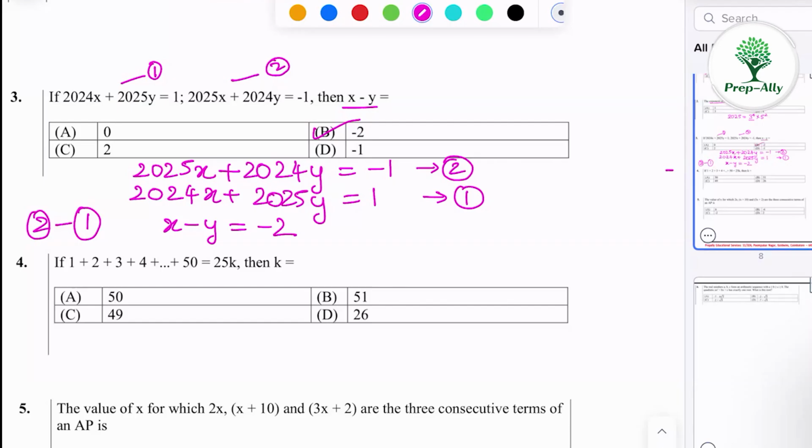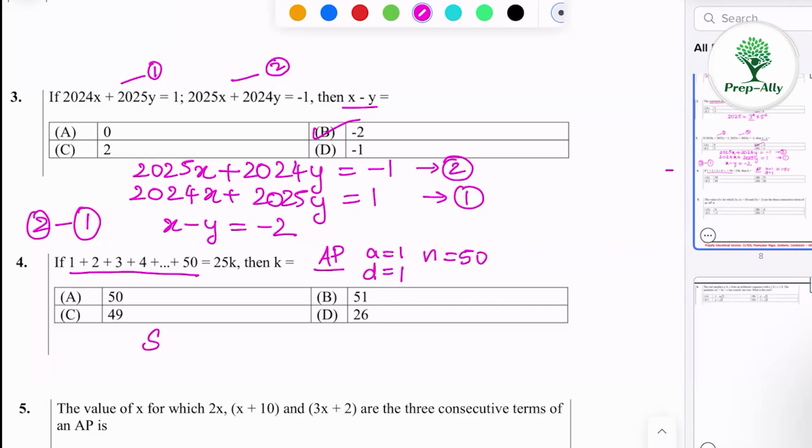Let's see question number 4. We're asked the sum of 1, 2, 3 up to 50. If you notice, this is an AP with first term equal to 1, common difference equal to 1, and 50 terms.